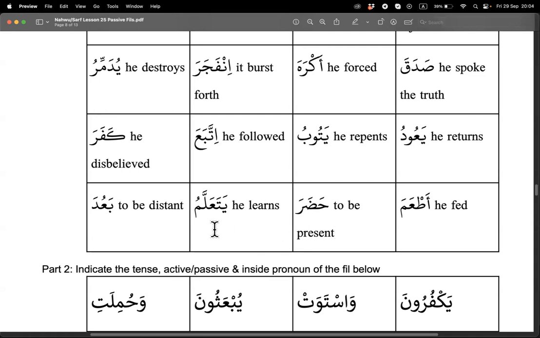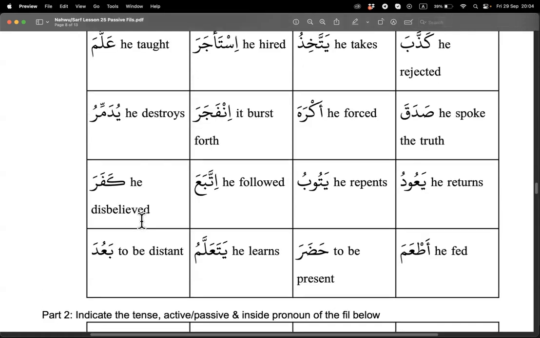Good. Yata'allamu, this one is lazim. Yes, this is lazim. You don't say he was learned. Next one, ba'uda. This one is lazim. Yes, good.